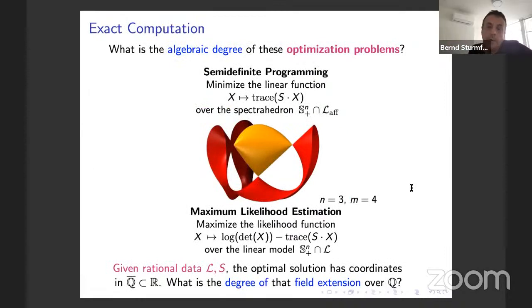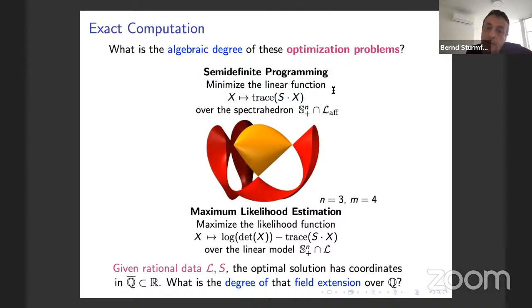Now, the role that algebra can play for optimization and statistics, computations in these fields, is to give precision to the questions we're asking. And one question we can ask is, what is the algebraic degree of these optimization problems? So let me recall, we have the optimization problems, semi-definite programming and MLE.